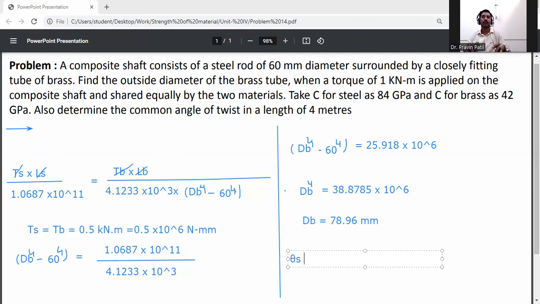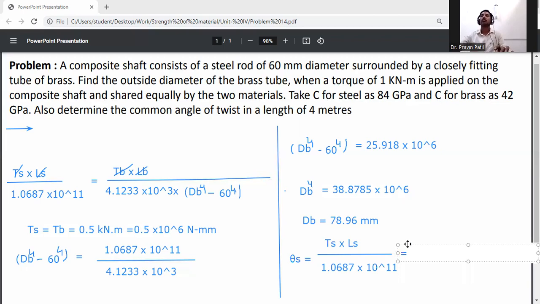We will take theta s is equal to Ts into Ls divided by Ip into Cs, this value we calculated, 1.0687 into 10 to the power 11.